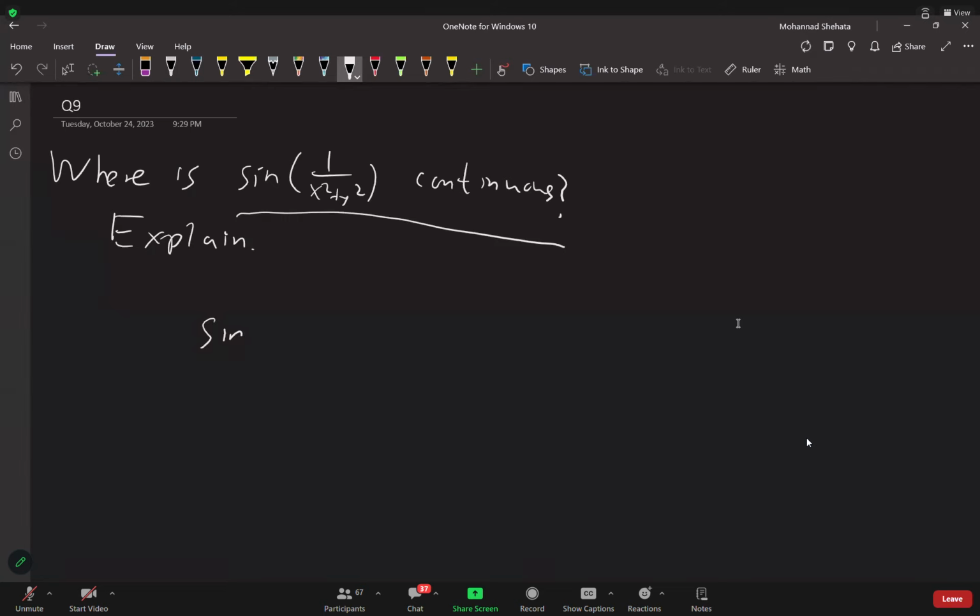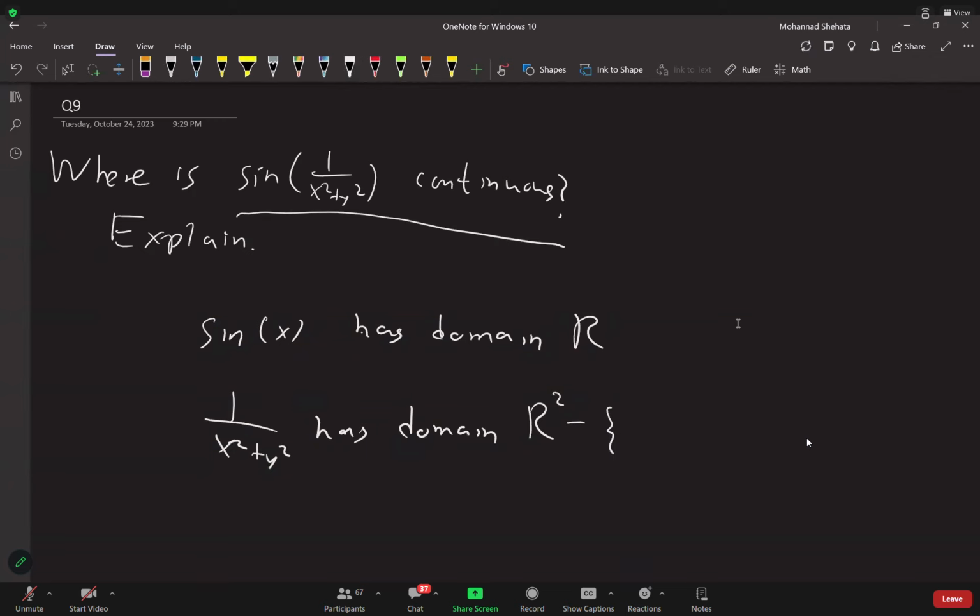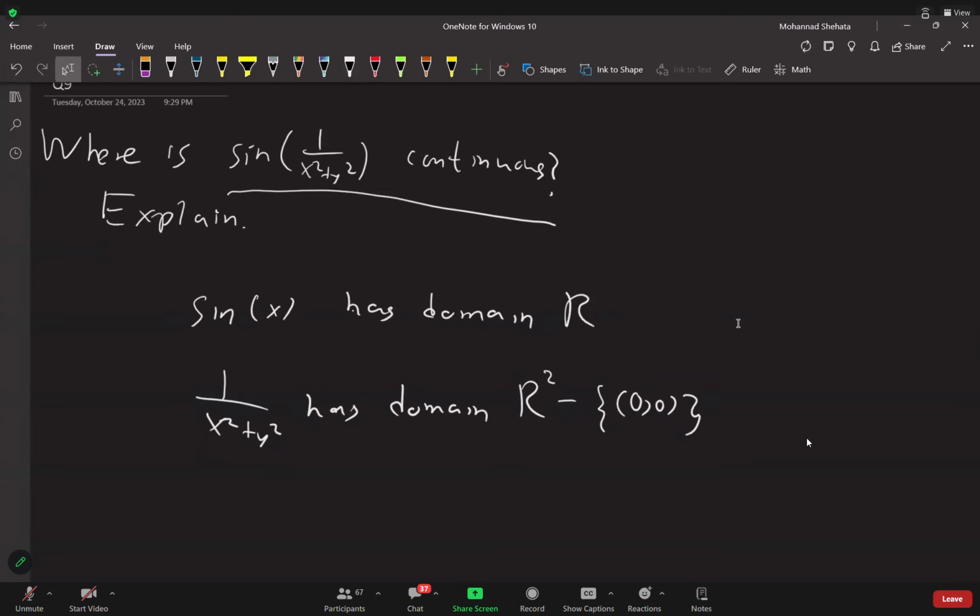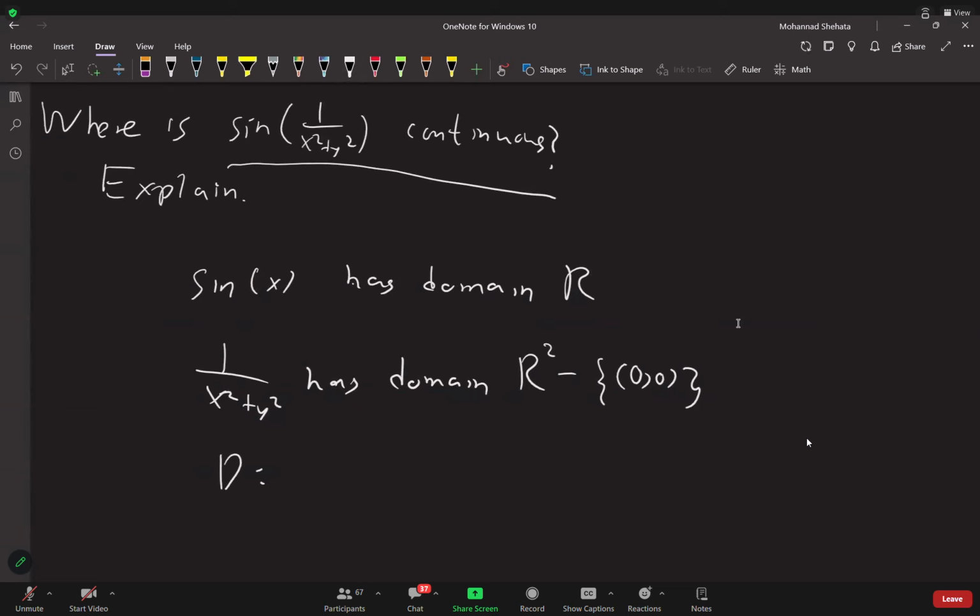So we recall that sine x has no restrictions on domain, or has domain R. 1 over x squared plus y squared has domain R squared minus the point (0, 0). So what would be the domain of the composition? The domain would be just R squared minus (0, 0).